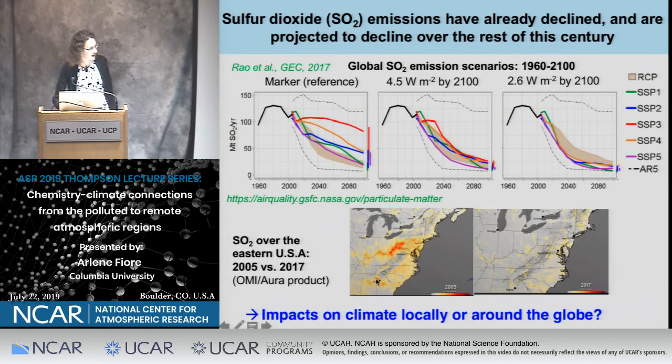You can see in 2005 a red spot over the Ohio River Valley and along the east coast. And then by 2017, it's really cleaned up. This is, again, a lot of our coal-burning power plants that have either switched over or closed, and to some extent also regulations on fuel.